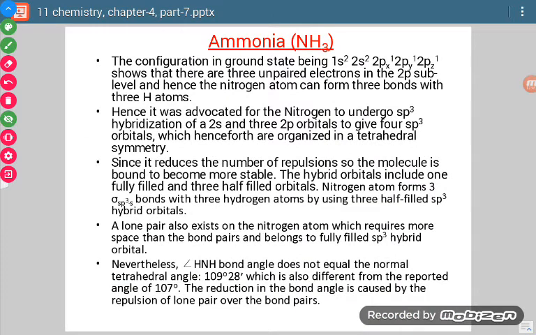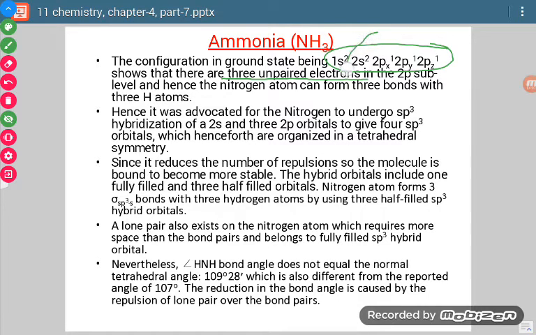It is ammonia. Now if we talk about ammonia, then nitrogen is the central atom, and nitrogen has electronic configuration like this: 1s2 2s2 2px1 2py1 2pz1. Okay, now there are 3 unpaired electrons in the 2p sublevel, and there is no more orbital available where electrons can jump.